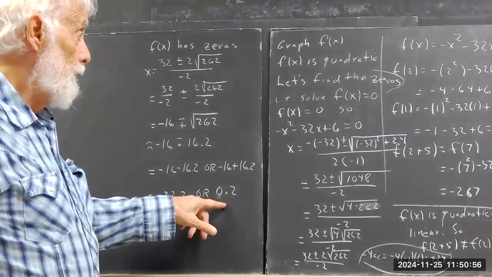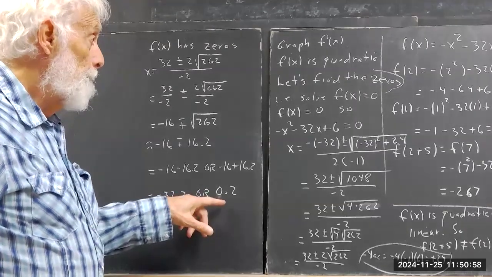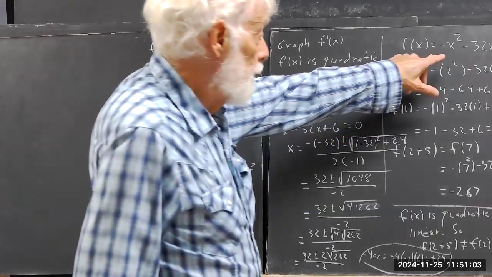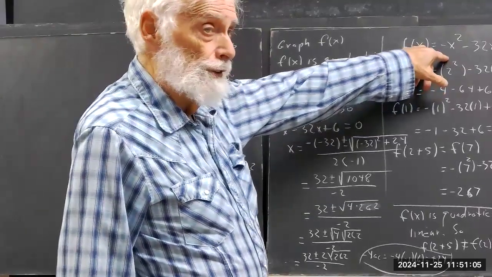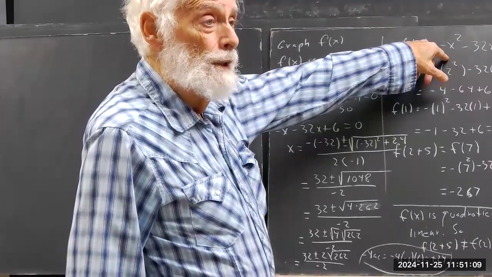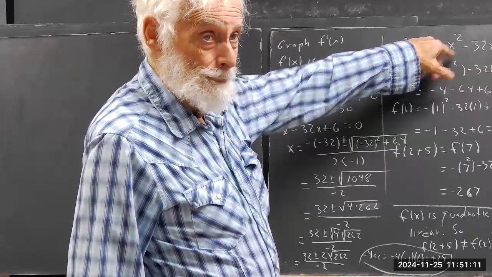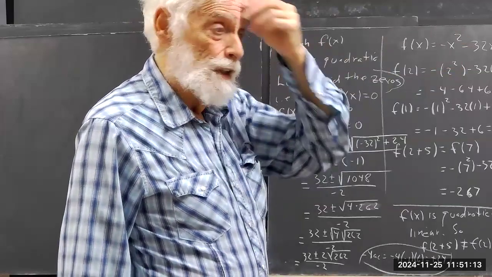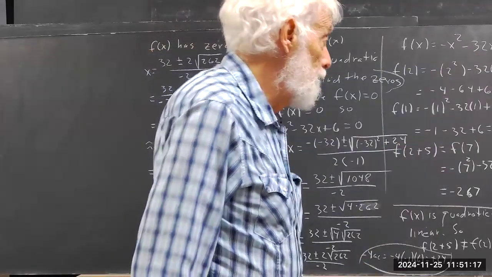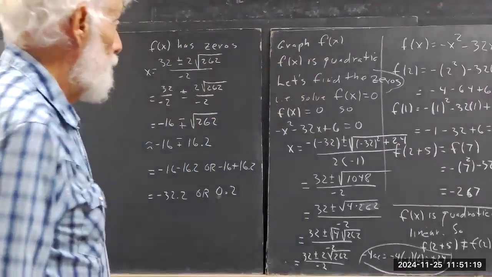Now, let's just check it out. 0.2, we plug it in here. 0.2 squared is 0.04. That's pretty small. It's like 1/25. 0.2 times negative 32 is what?